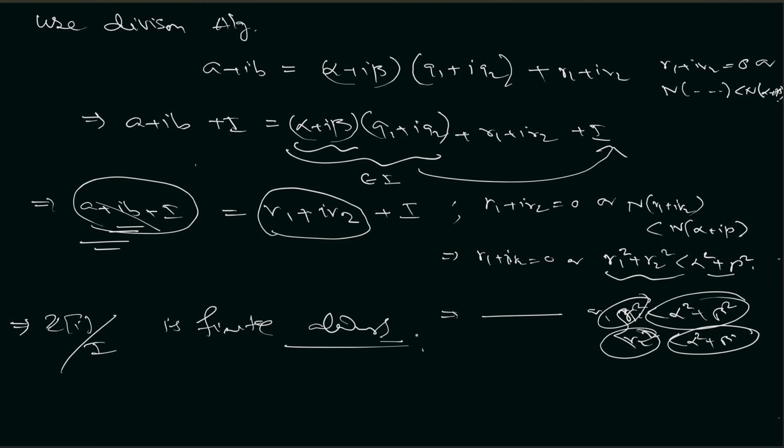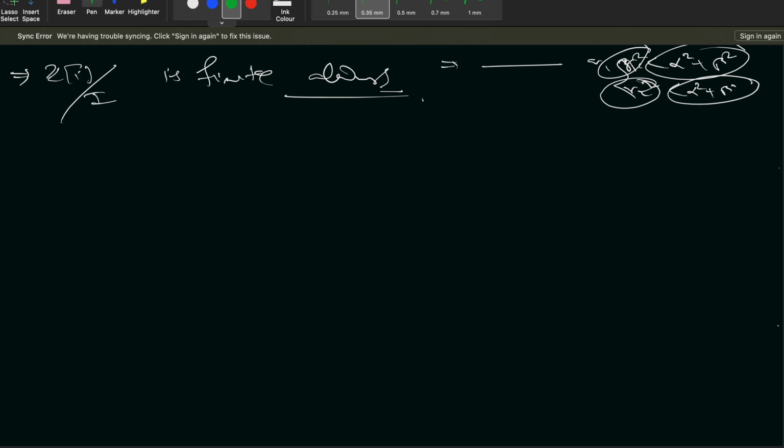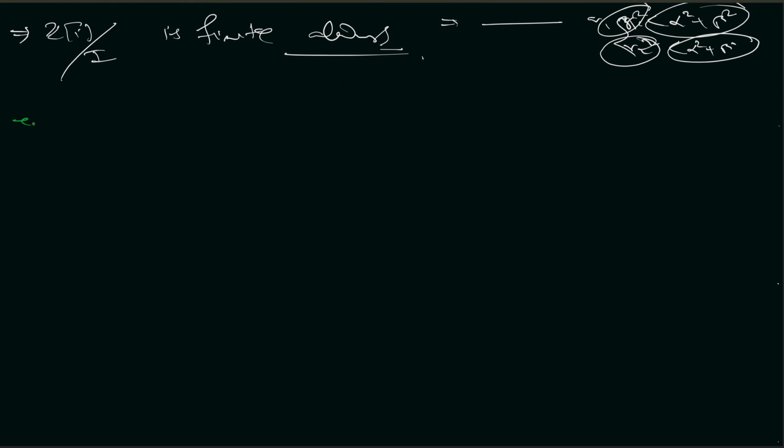So let me give you a simple example. What are the examples I can consider? Suppose Z[i] modulo the ideal generated by 2 plus 3i. This is a non-zero ideal. What are the elements here?